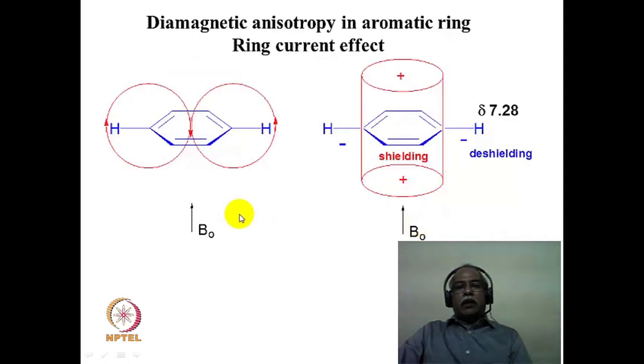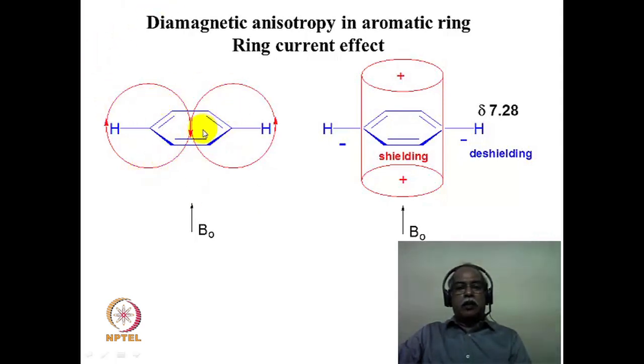Now in all these cases one must remember that we are talking about a very specific geometry. We are talking about the plane of the benzene being perpendicular to the B0 in order to observe this anisotropic effect. But in solution, the benzene ring is randomly oriented with respect to the applied magnetic field direction, so what we observe in solution is only an average of the anisotropic effect. The maximum anisotropic effect will be felt in this particular geometry.